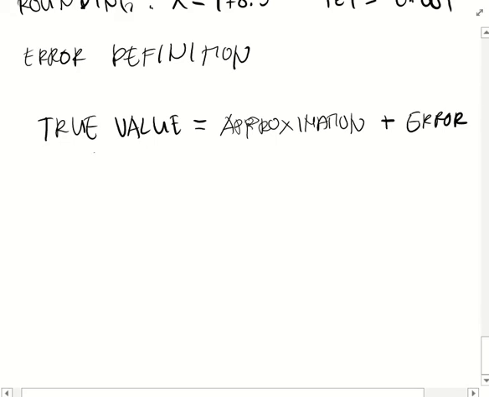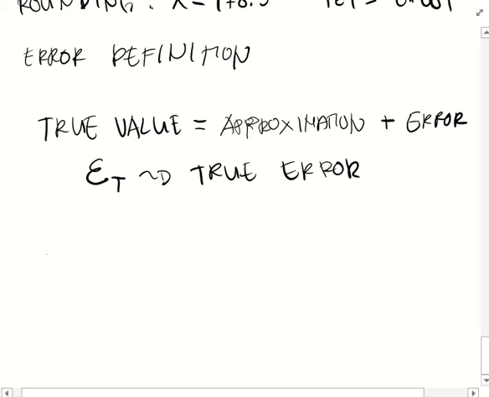Now I will use a symbol here. I will use epsilon, and for the true value, I will use epsilon of t, and this will be called the true error. There are different types of error.